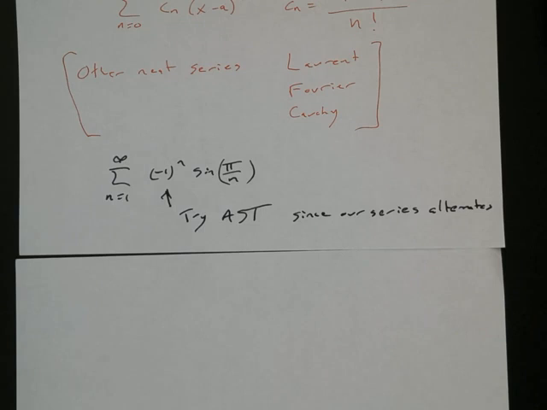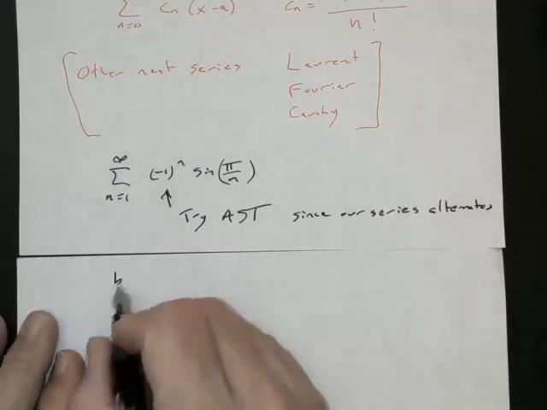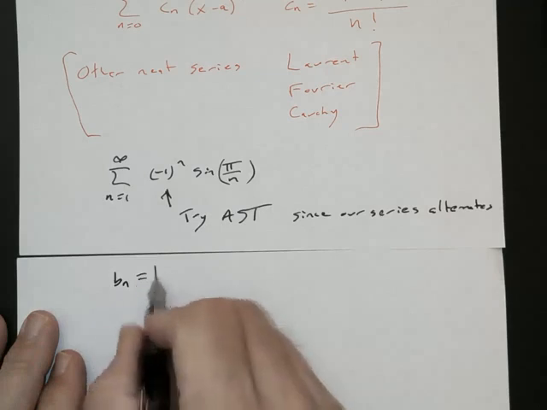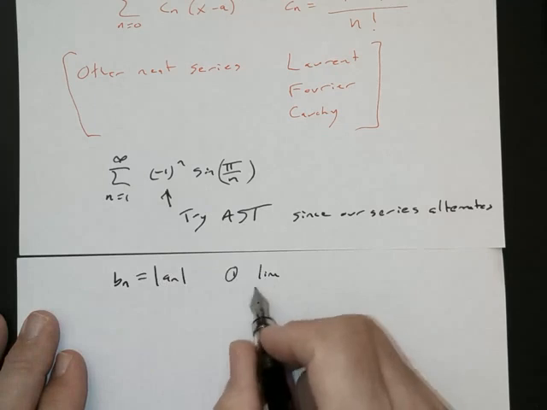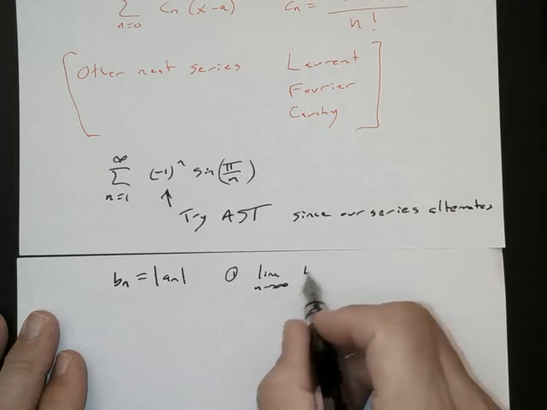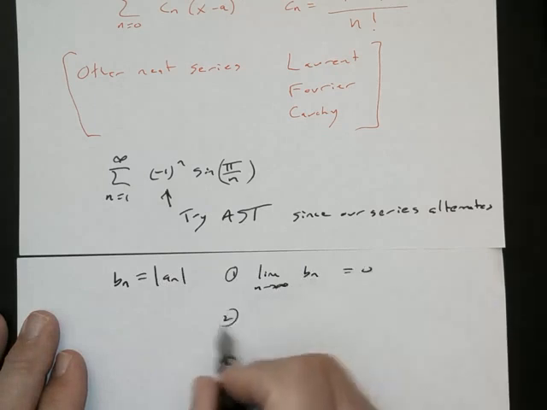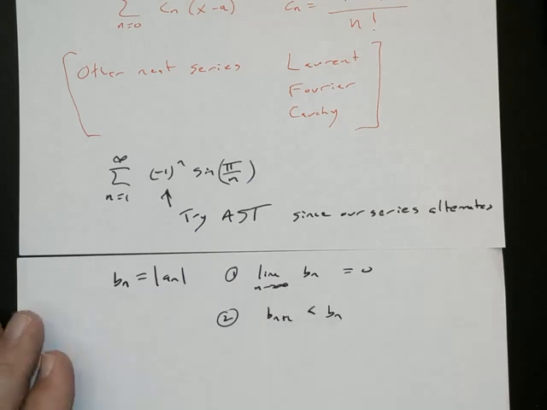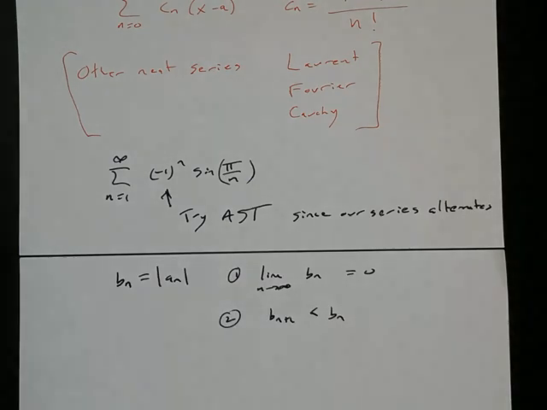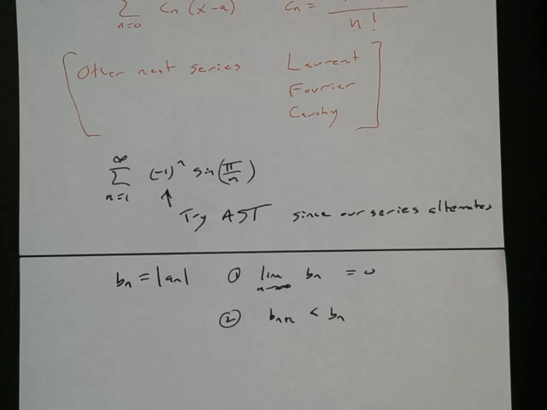There are two specific criteria. I need Bn to be the absolute value of An, and then I need to know that the limit as n goes to infinity of Bn is 0, and that Bn plus 1 is smaller than Bn, so we are decreasing. Yes, I need to know decreasing. I need to know that the limit is 0. Those are my two pieces.